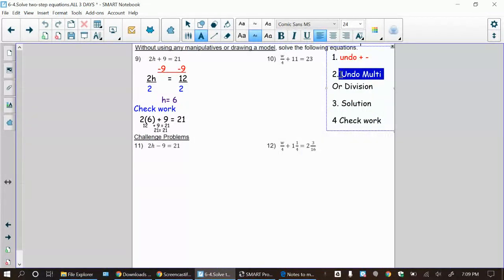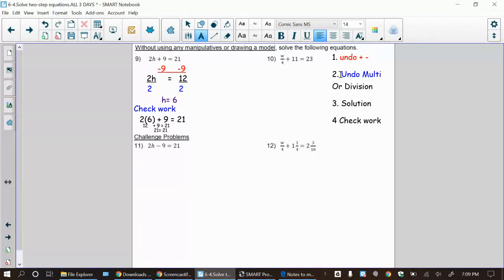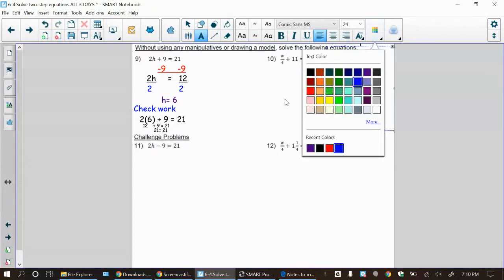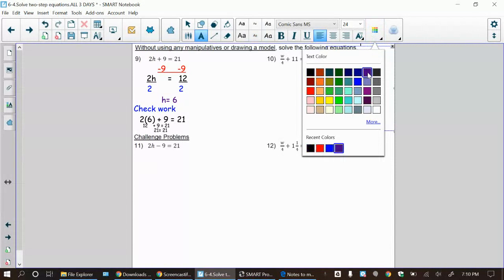Can you do that? And then come back and see if it is the same that I got. So this way it's all color coded for you.